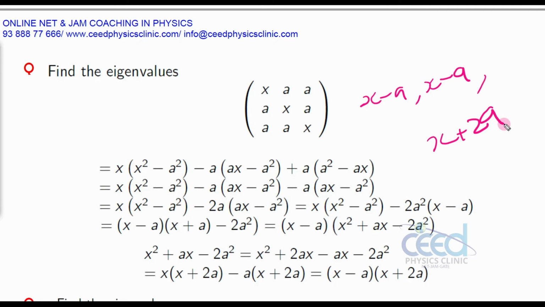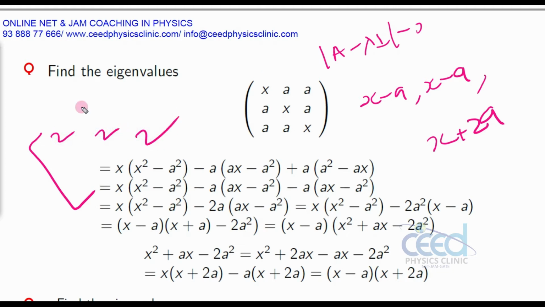You can also find this by expanding determinant of A minus lambda I equal to 0, but that is a little bit complicated, so you can remember this kind of pattern and from it directly say the eigenvalues. Suppose you have a matrix with diagonal elements 2, 2, 2 and all remaining elements 3. What are its eigenvalues?